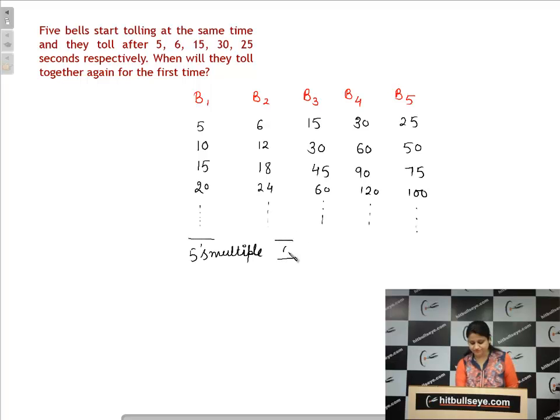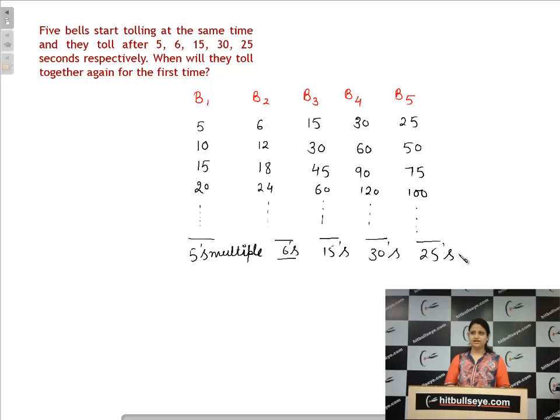Again, in case of B2, these are 6 multiple, these are 15's multiple, these are 30's multiple and these are 25's multiple. We are looking for a time which will appear in all these cases. It means we are looking for a number which is a multiple of 5, 6, 15, 30 and 25.